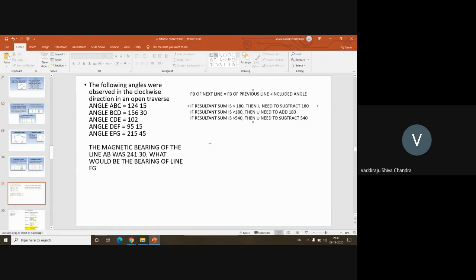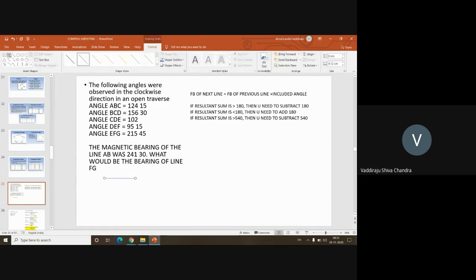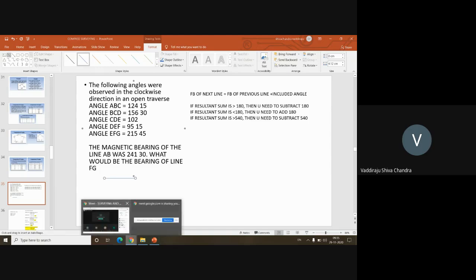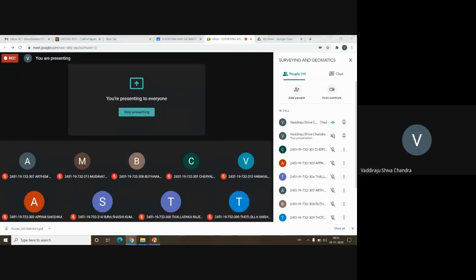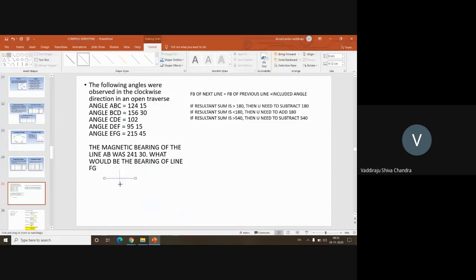He has given you the forebearing of line AB. Forebearing of line AB is 241 degrees. In which quadrant do you get it? Am I audible? Yes, sir. Yeah, 241 degrees, which quadrant? Third quadrant. So the line AB comes in third quadrant. Okay. He has given you just the forebearing of one line AB.